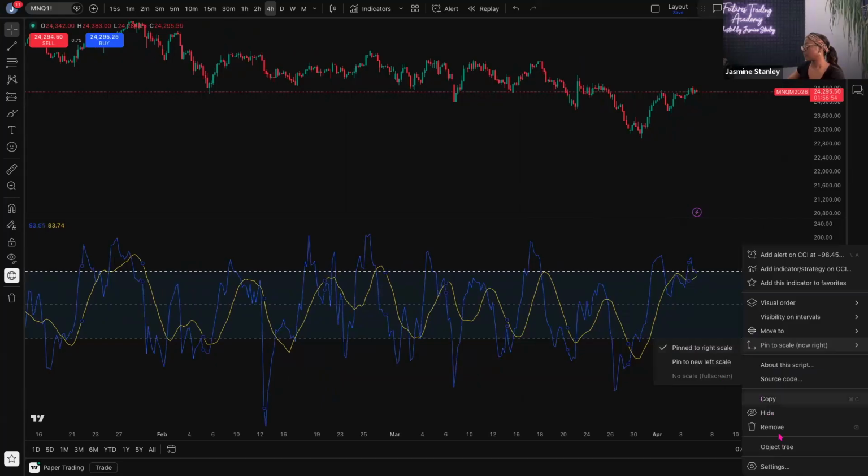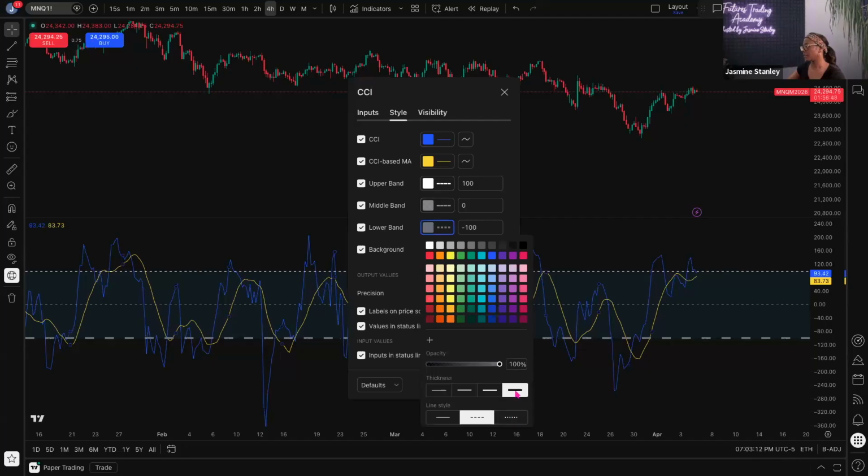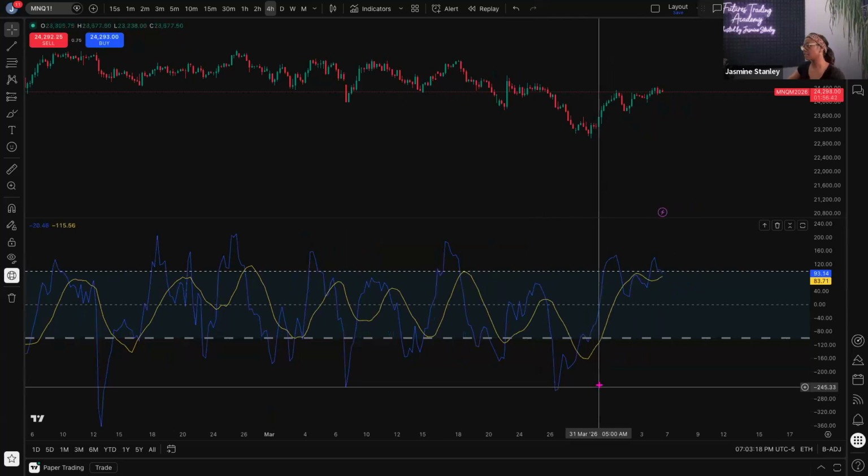I guess I can try one more time to make it thicker. The lower one. Can y'all see this easily?